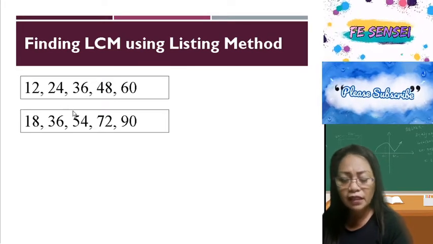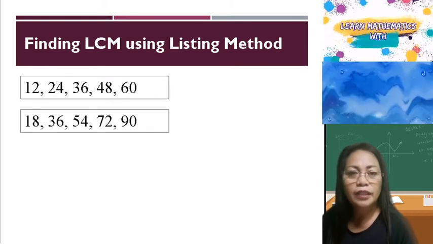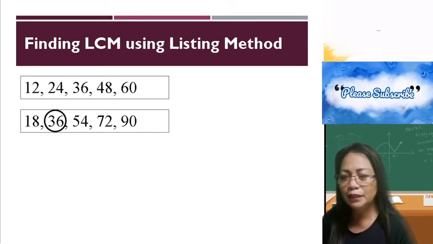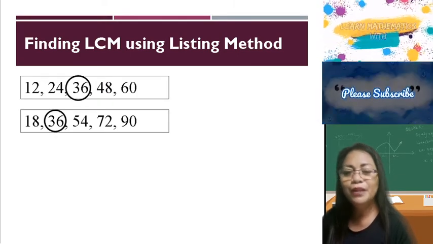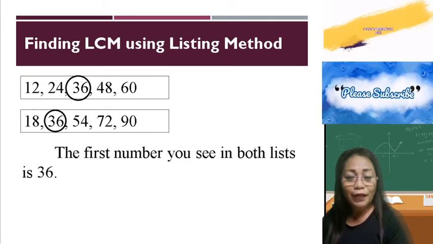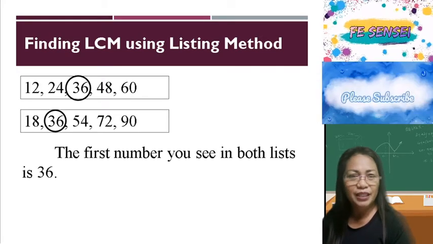So it is easy for us to identify the least common multiple between the two numbers. So we have 36. The first number you see in both lists is 36.